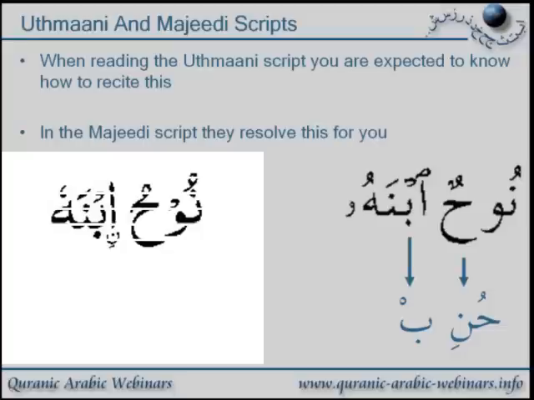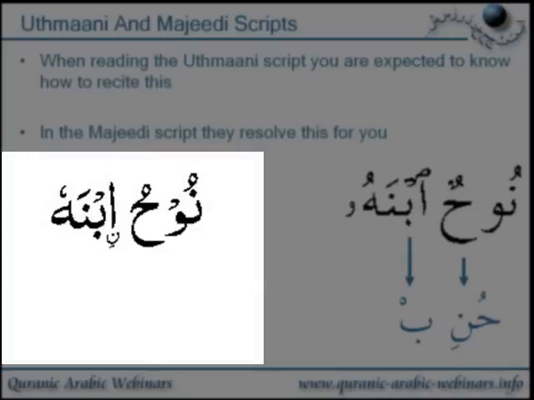Now in the Majidi script that we can see here, this is exactly the same words, but you can see they've actually changed the dhammatain on top of the ha to a single dhamma. So it's just hu. And under the Hamza-Tul-Wasl, now remember in the Majidi script, they generally don't draw the wasla sign.